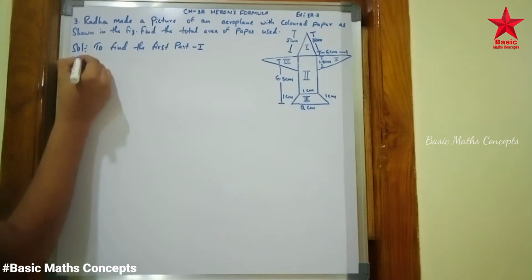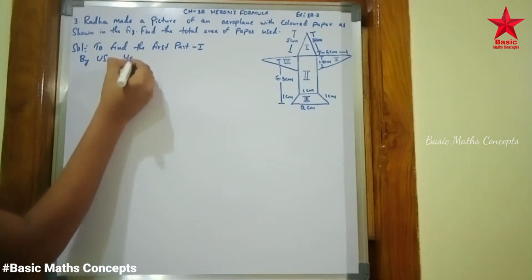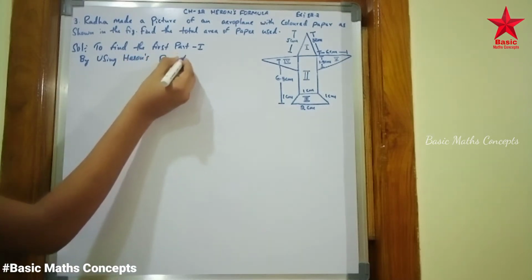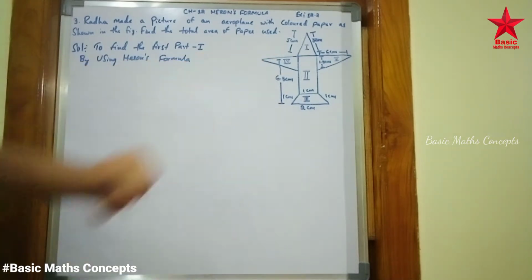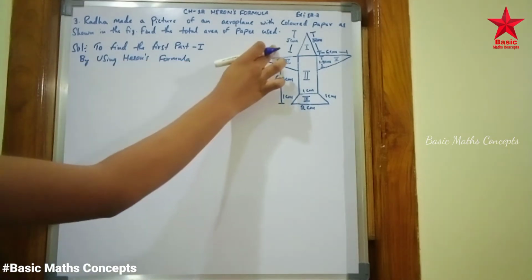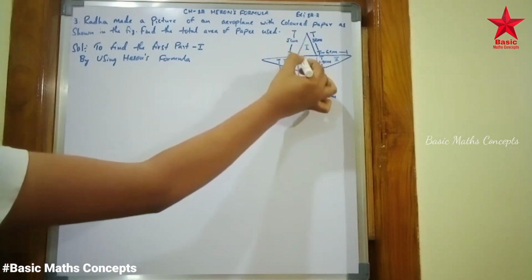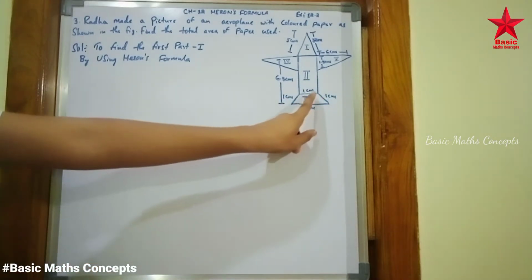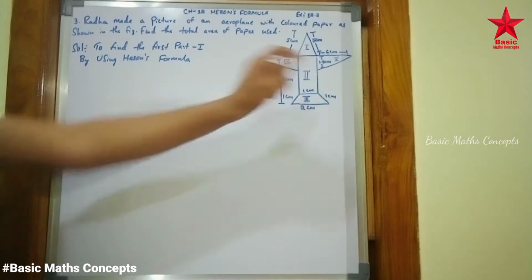This side is 5 centimeters, this side is 5 centimeters, and this breadth is 1 centimeter. The measurement here and here will be the same, so I am taking the measurement here as 1 centimeter.